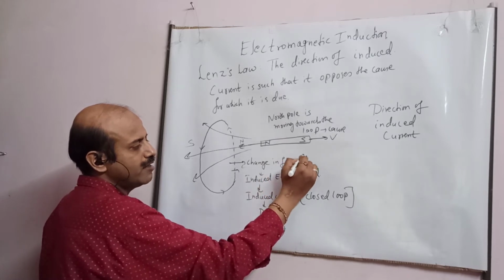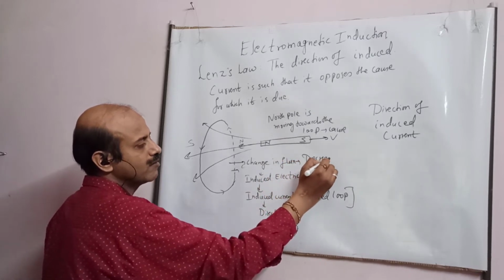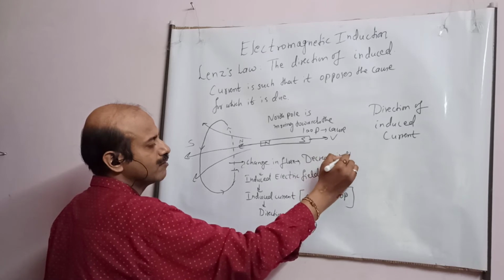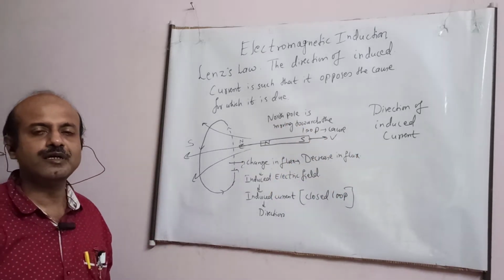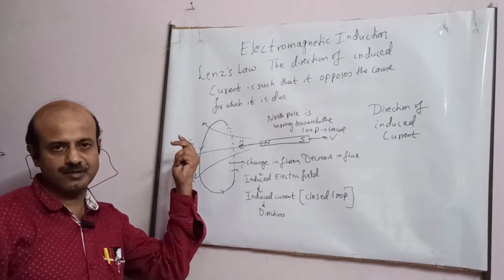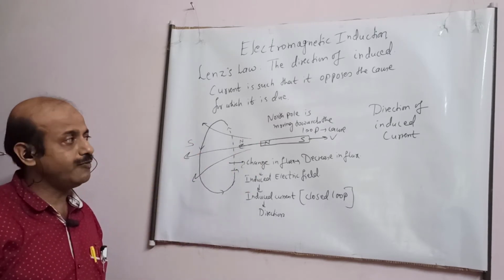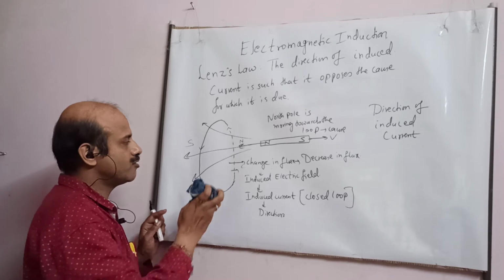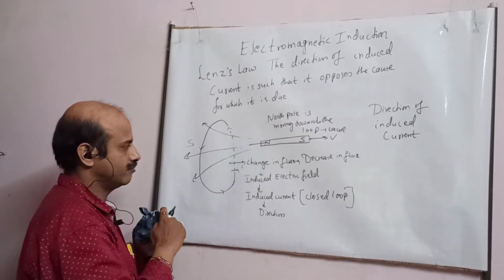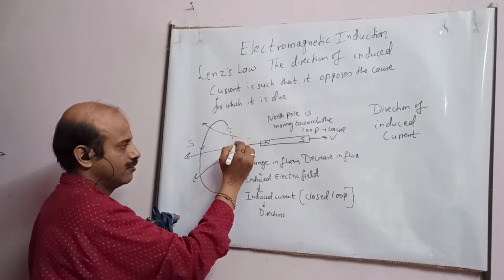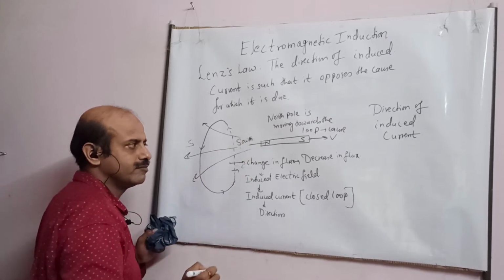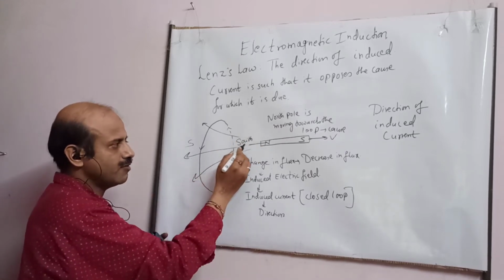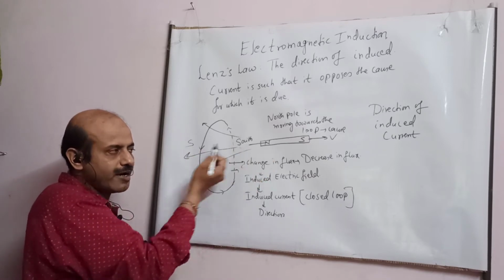But this time there is a decrease in flux, students. How will it oppose the decrease? It will try to increase the flux. And for increasing the flux, here there should be a South Pole, students. Then only the flux will increase. Means it will try to attract the North Pole.